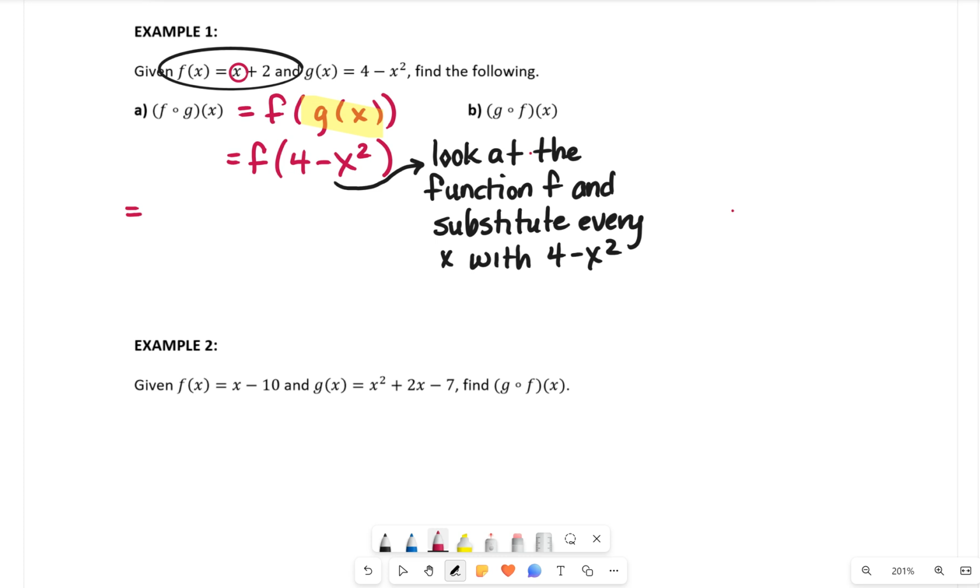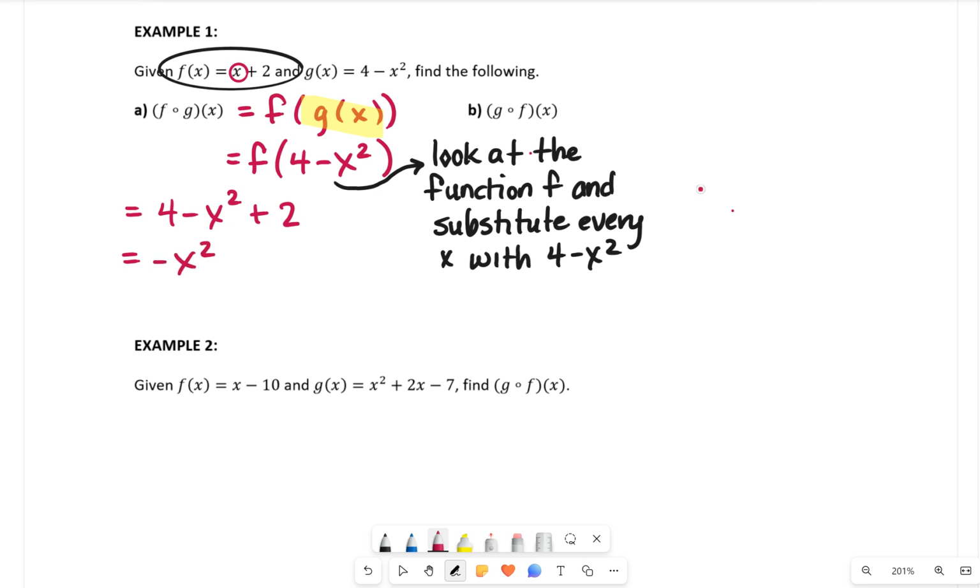So let's rewrite the function f of x with this new notation. I'm going to put an equal sign here more to the left to give me space. Replace that circle value with 4 minus x squared, because I'm replacing the x with the new function 4 minus x squared, and then the plus 2 just comes down. I'm going to combine like terms. The 4 and the positive 2 make a 6.